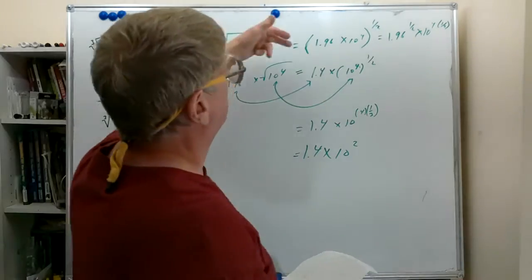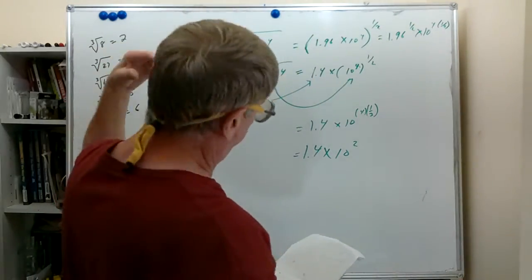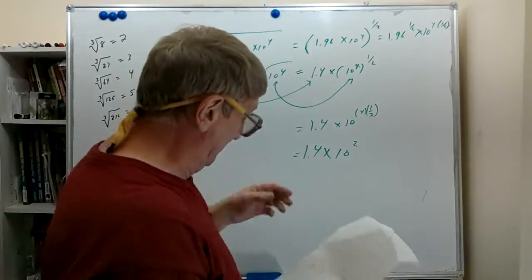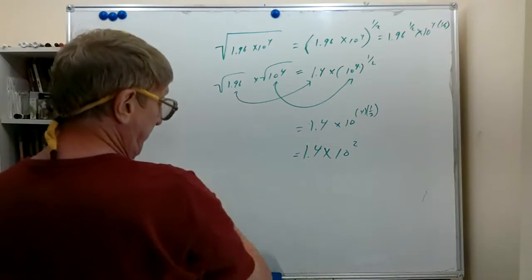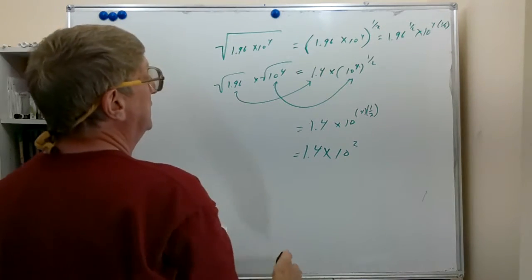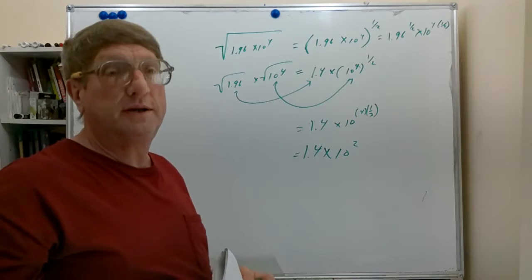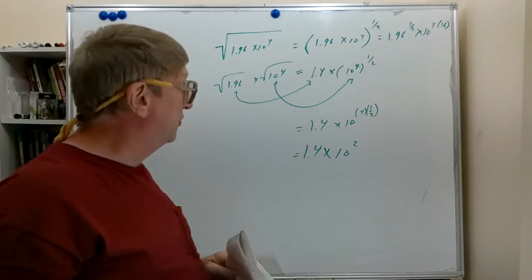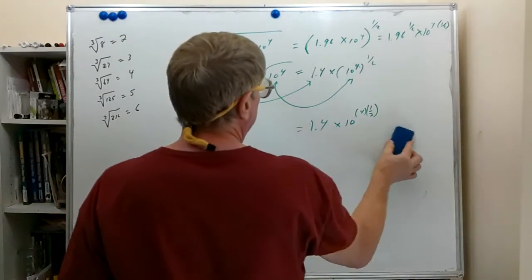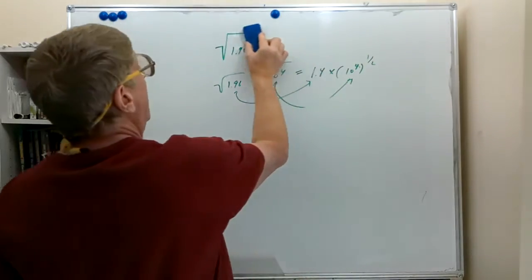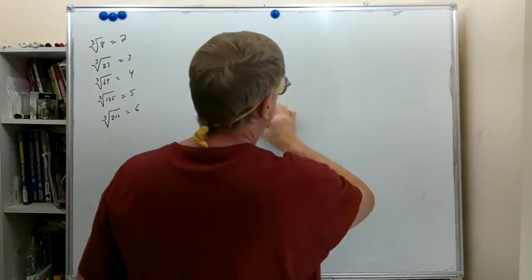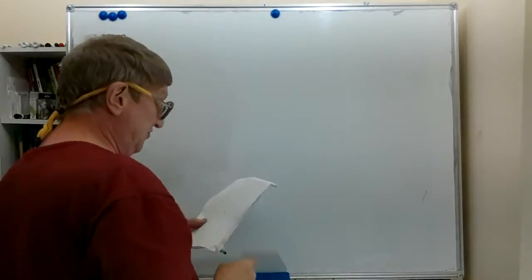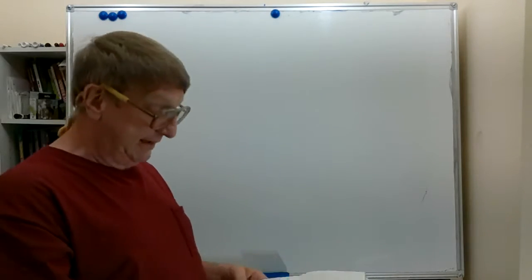If it was a cube root, it'd be a 1/3. If it was a fifth root, it would be a 1/5. And you could put any number up here for any root you want, but mostly we probably work in a lot of our electrical stuff with square roots and cube roots more than the higher level roots. But remember, this mathematics can be transferred to other things besides electrical stuff.